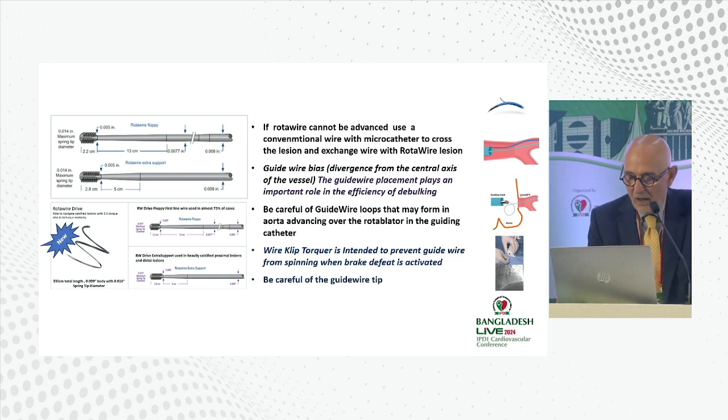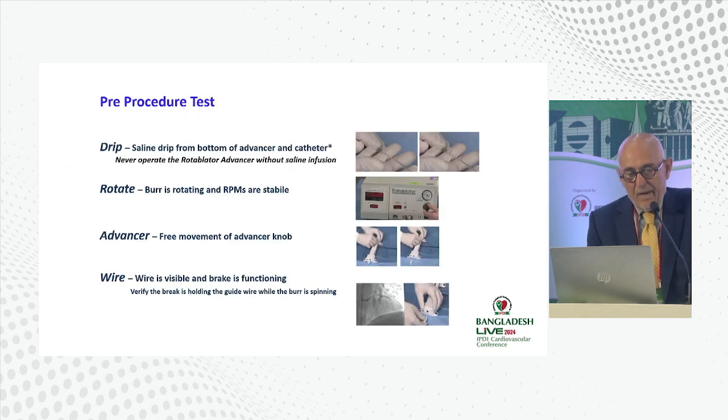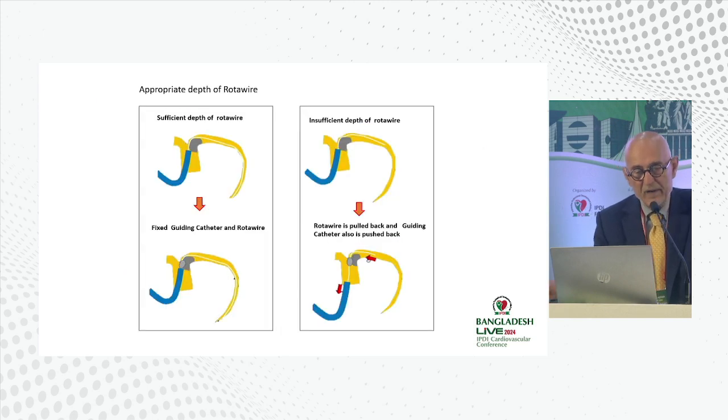and forming a loop outside. And of course, the test before using the device, that means the saline drip, is very important to be tested. Rotation of the burr outside of the patient should be tested. The advancer and the wire should be visible, and you should be mindful of the precision of the wire.